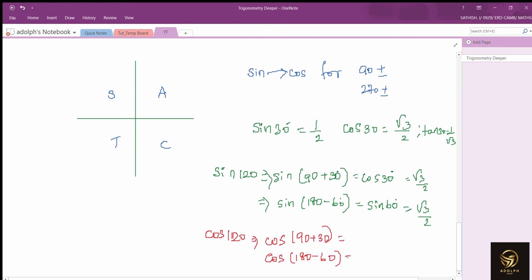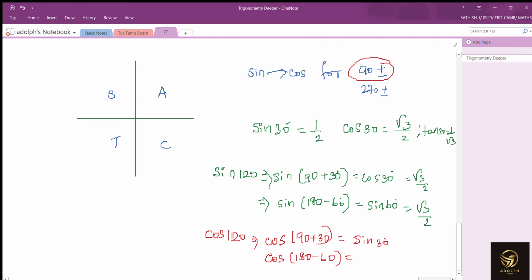You may raise a question that we understood sine 120 itself, but why are you writing cos 120 again? Yes, you will be understanding the secret. So cos 90 plus 30 will give the value of what? It is sine 30. Why sine 30? Because cos 90, which means 90 says that we have to change the value. Cos will change into sine, and the theta value is 30.